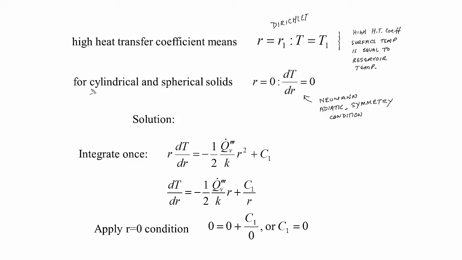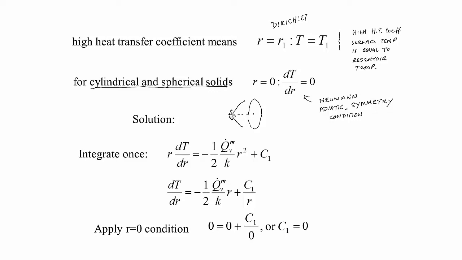For cylindrical and spherical solids, as you think about what the temperature distribution looks like, there has to be some sort of symmetry around the center. And if there is symmetry around the center, it means that the amount of heat transferred in one direction is the same as the amount transferred in the other direction, and that eventually you have a zero heat transfer rate condition at the center.